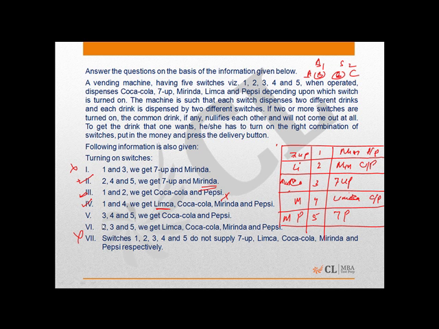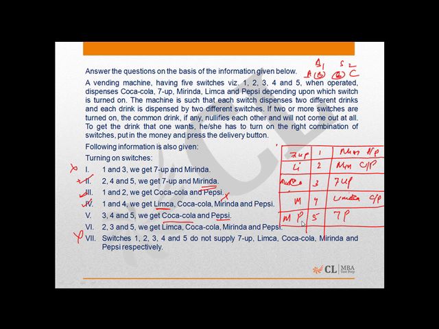Now coming to statement fifth, here it is given that when 3, 4 and 5 are turned on we get Coke and Pepsi. Here it can be seen that 3 and 5 both dispense 7 Up, which means when these three switches are turned on, 7 Up gets cancelled out.